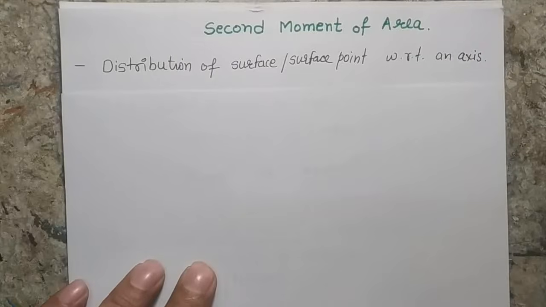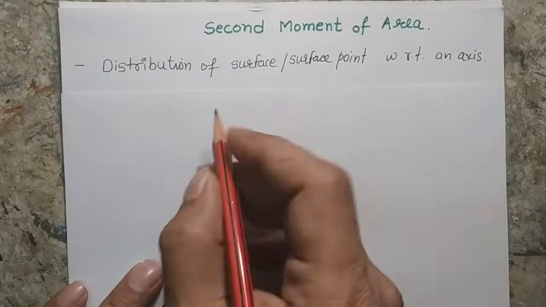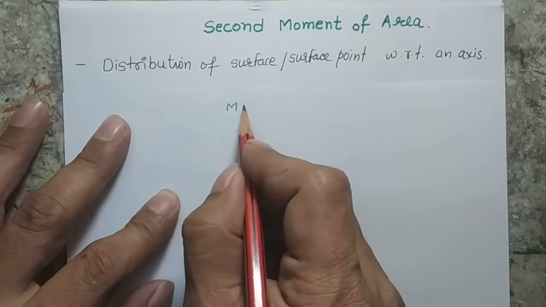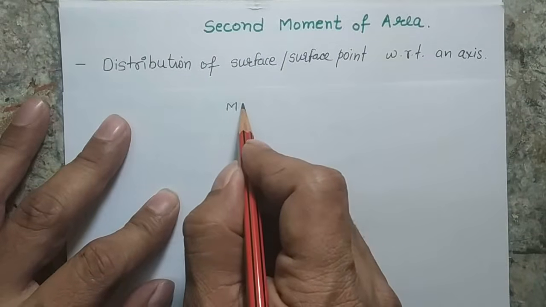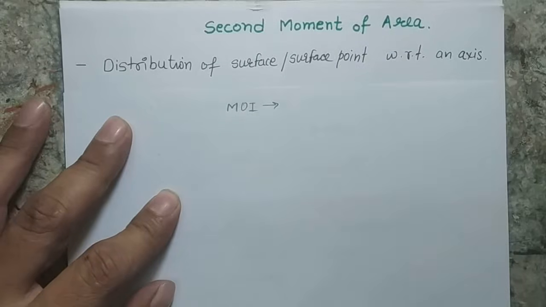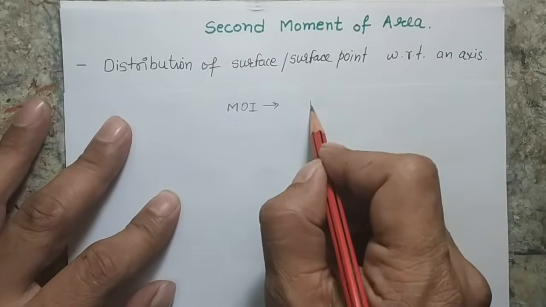What does it mean? If we recall the term moment of inertia, we have already studied this term in our school. The moment of inertia basically tells us the inertia against rotational motion.